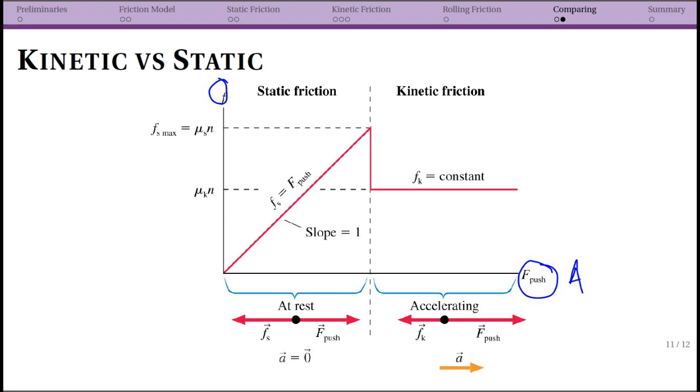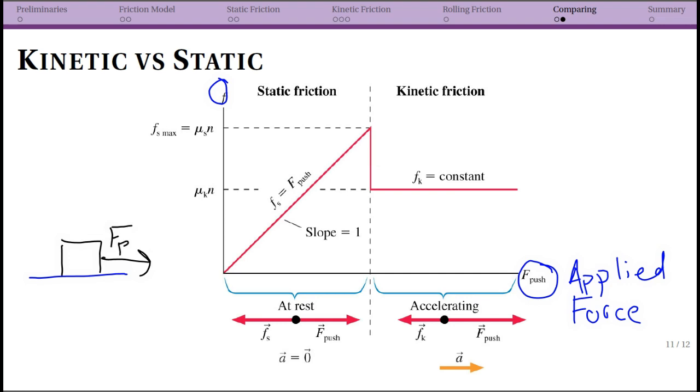This is the applied force. And in this case, we're just thinking about one force that's applied horizontally, like a nice simple scenario where you have your box and you are, say, pulling, right? And so we have a frictional force of whatever type backwards.